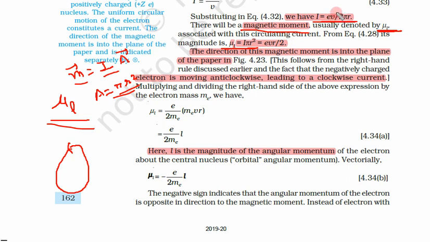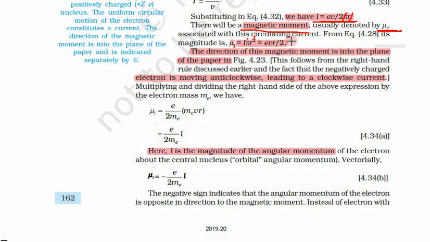Let us put all these values. So I is EV upon 2 pi r, pi here, and 1 r and 1 pi get cancelled. So what we get? EV r by 2. So this is the magnetic moment associated with the circular motion of electron, simply EV r by 2.